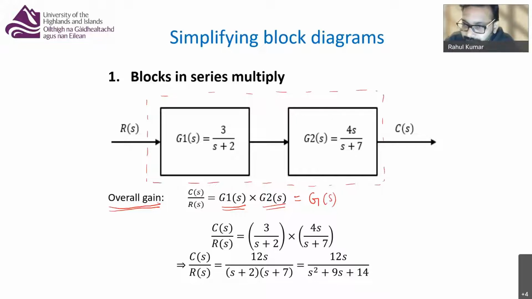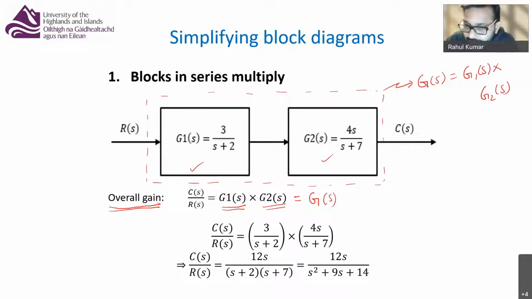In the original block diagram, if you have two blocks, you can replace them by a single block with its overall gain G of S, which is simply G1 of S multiplied by G2 of S. That's how we can reduce or simplify the block diagram.